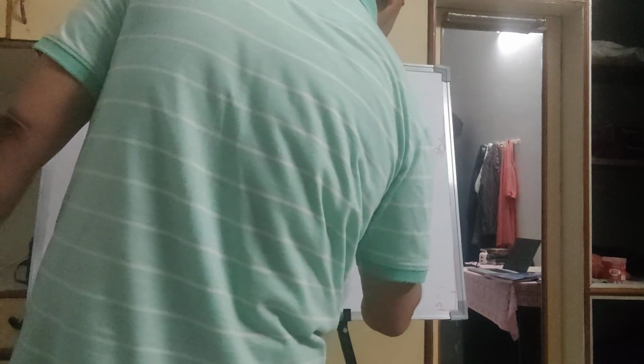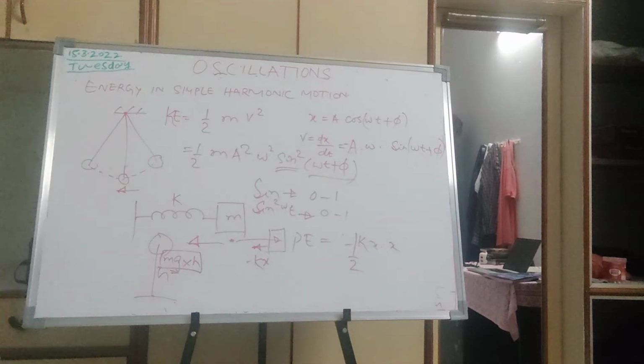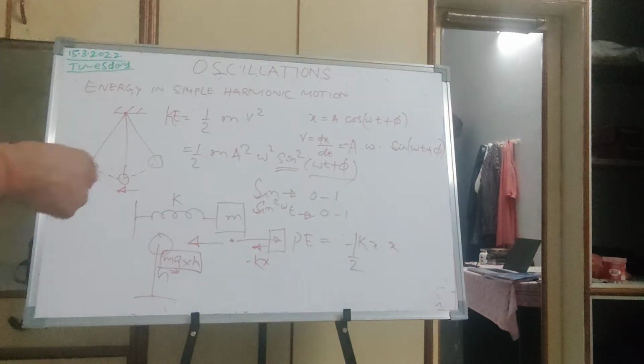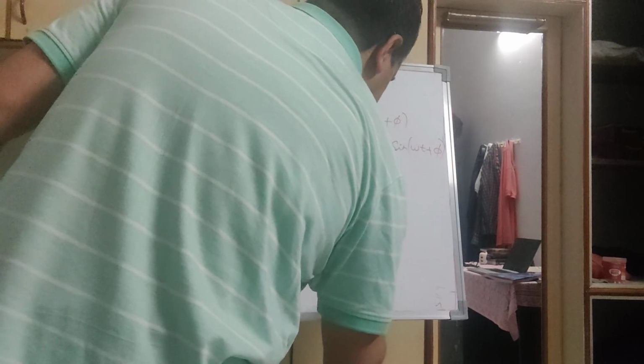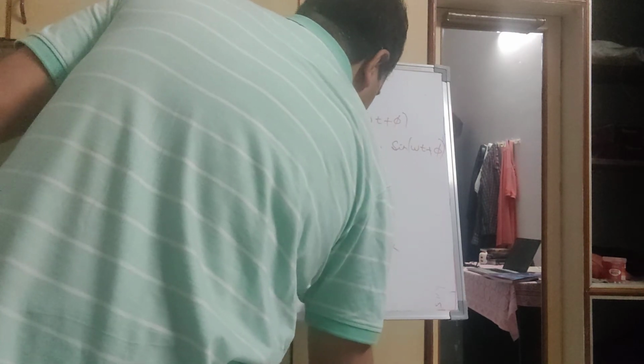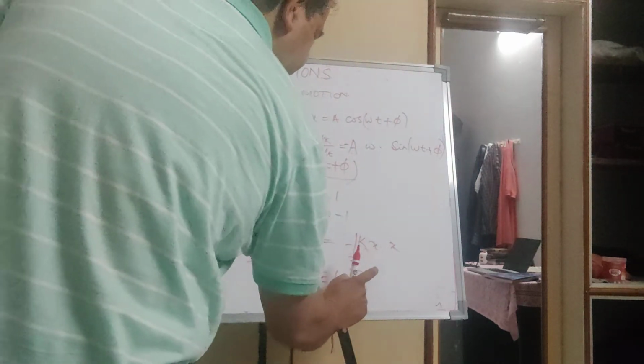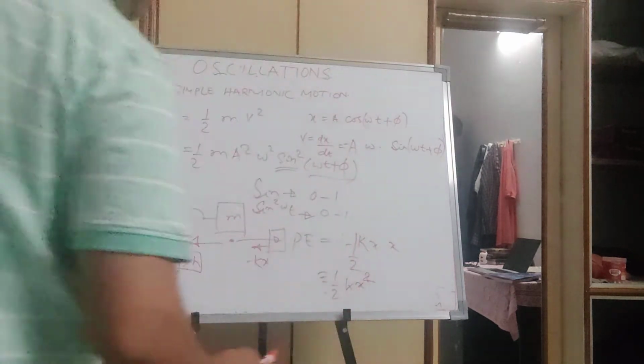It is half into kx into x. So that is the potential energy of this spring mass system. It is half kx square.